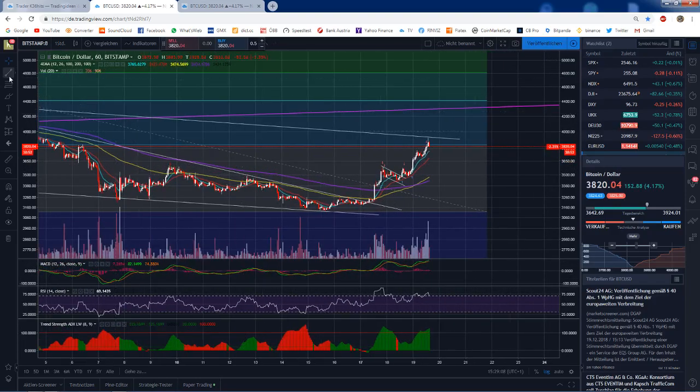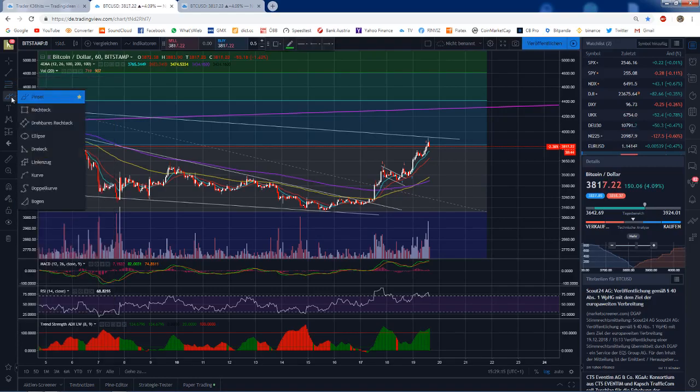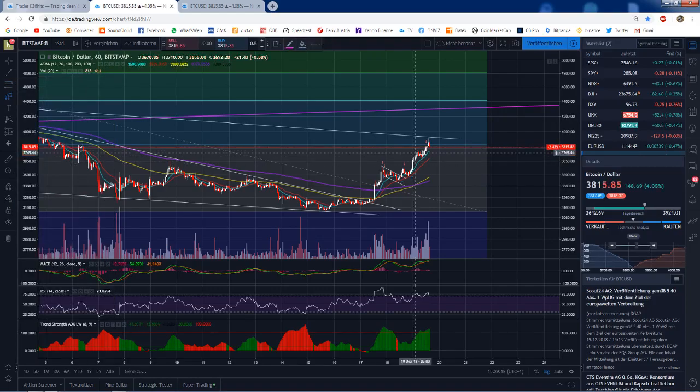So what I think will happen in the short term is that we retrace around here, maybe create a little bull flag, or retrace maybe like this, then back to the top, make a lower high, then make a lower low actually, and come back to around this level right here, which has been resistance.